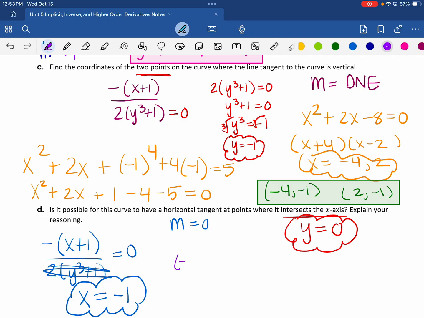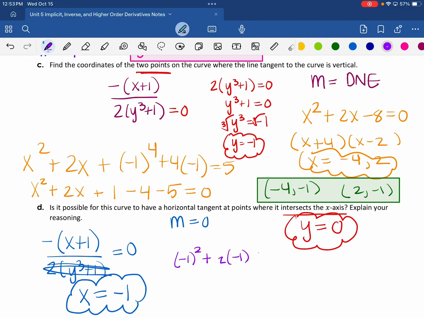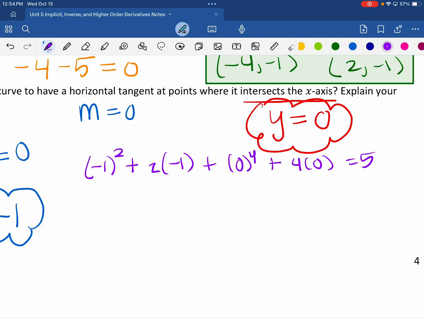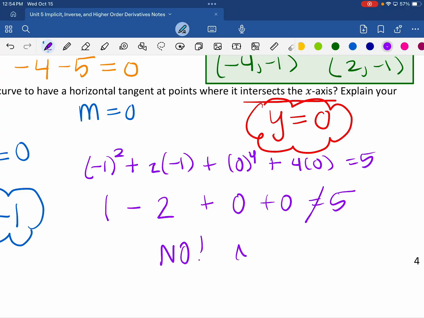Negative 1 squared plus 2 times negative 1 plus 0 to the 4th plus 4 times 0 equals 5. So what's negative 1 squared? 1. 2 times negative 1? Minus 2. And then plus 0 and 0. And does that equal 5? No. So no, not possible.